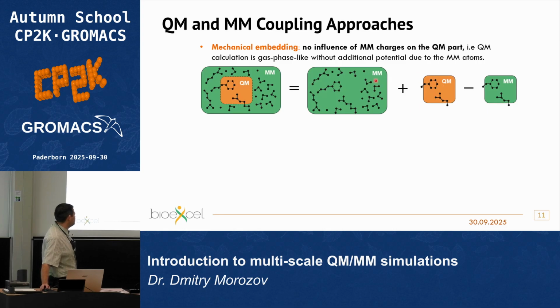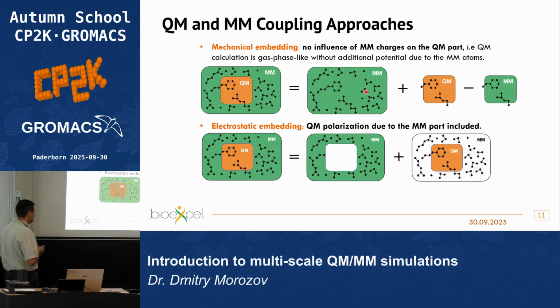Interaction between QM and MM goes through the molecular mechanical force field. So you still need to know at least partial charges and van der Waals interactions, basically non-bonded terms, of your QM system in the MM force field. And you lose the advantage of QM/MM of being agnostic to the force field parameters. But it's very simple.